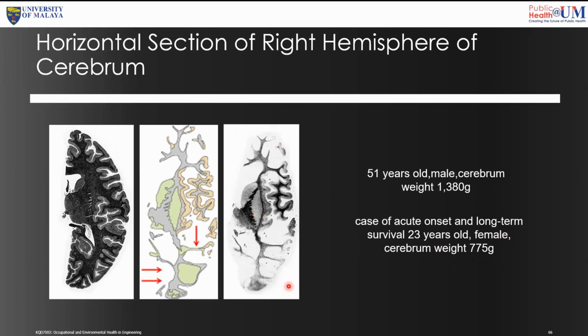This is the female brain, this is the male brain. This is a horizontal section of the right hemisphere of the cerebellum. You look at the decrease in the gray and the white matter. This is the gray matter, this is the white matter.